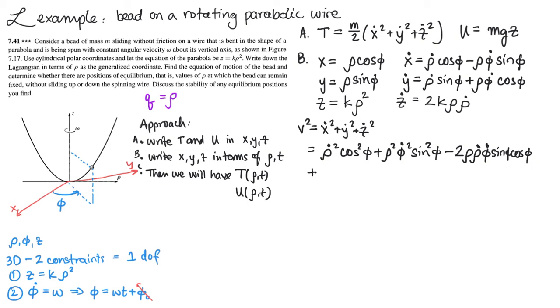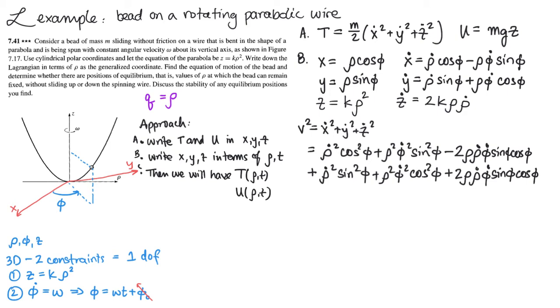We add to that y dot squared. And we get the same cross term, except with a plus sign instead of a minus sign. So that's good. We're going to get a nice cancellation there.